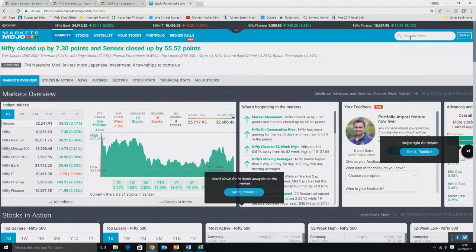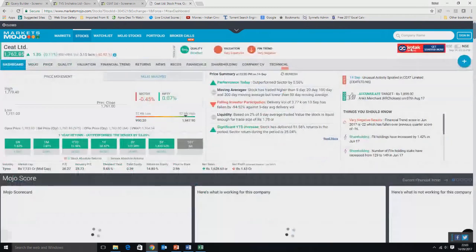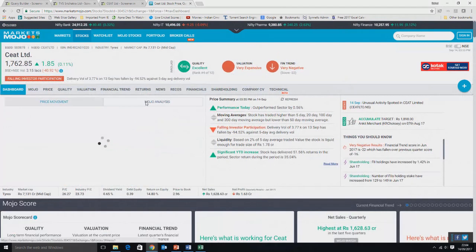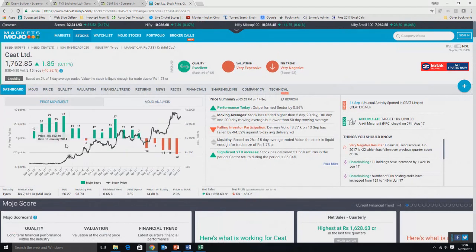If I type C8 Limited, they give us Mojo analysis, what they think, how its price has moved, what its moving averages are, whether there is falling investor participation, liquidity, significant yield.